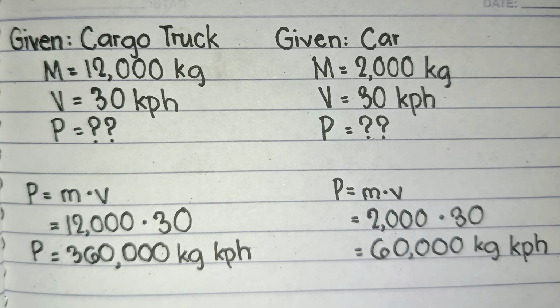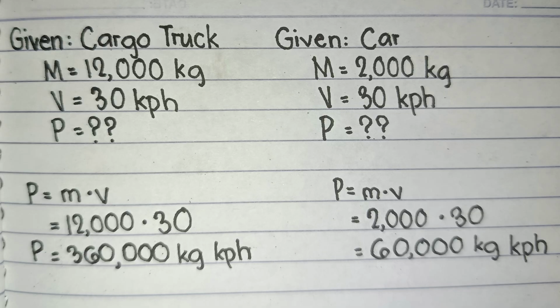Now, we need to find the momentum of each. For the cargo, P is equal to M times V. Evaluate and you should have 12,000 kilograms times 30 kilometers per hour is equal to 360,000 kilograms times kilometers per hour.